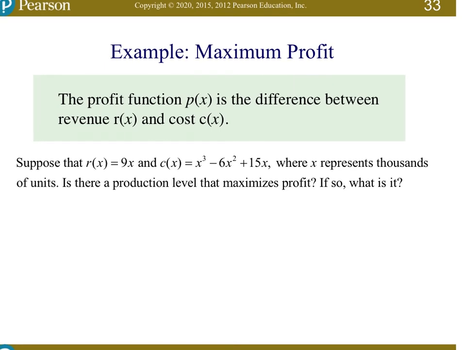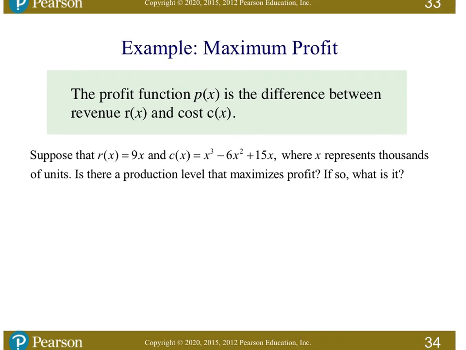Okay, now let's talk about some business problems, some economics problems. In economics, we define profit as being the difference, or the subtraction, between revenue and cost. Revenue is incoming money, incoming dollars, and cost is outgoing dollars.